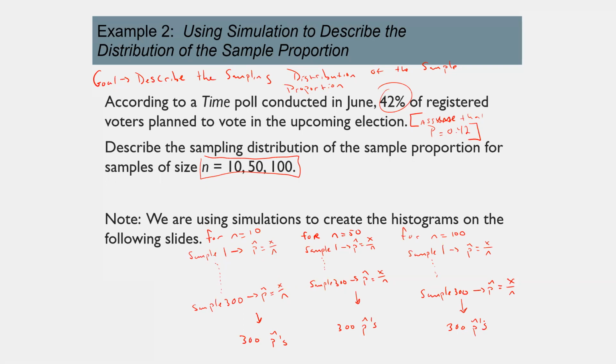So would you be calling 3,000 people in all? Yes, I am calling 3,000 people in total, but every group of 10 is different. And then I'm going to do the same thing for 50 and for 100. All right, thank you.